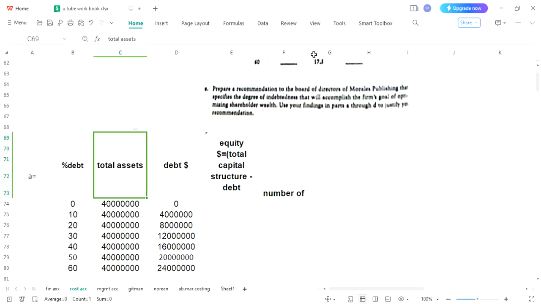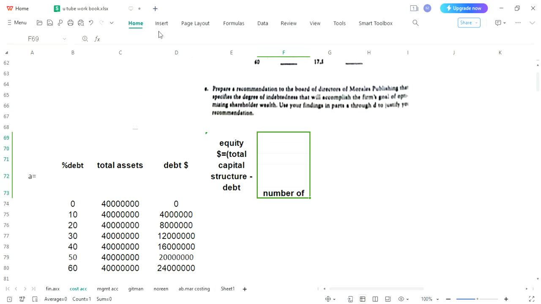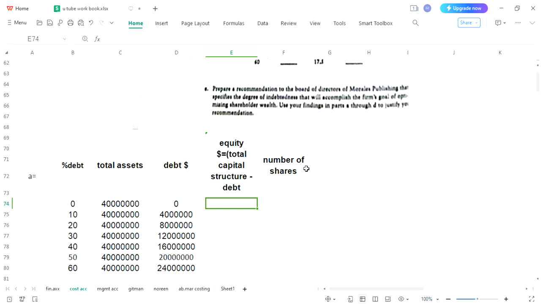And finally, the number of shares we need to make. And here we will write how to calculate your number of shares. Okay, just wait for a moment and we will first calculate our equity. Please write it down: total capital structure minus debt.